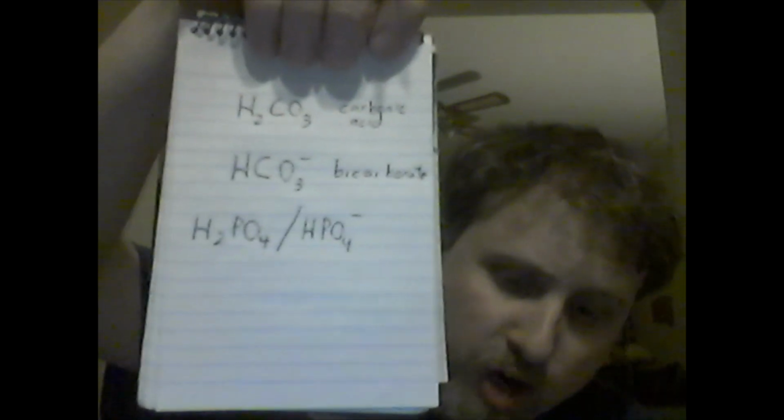Within the kidney filtrate itself, pH is regulated by two buffering systems. There is a phosphate buffer system, which uses H2PO4 and HPO4 as its buffering molecules.